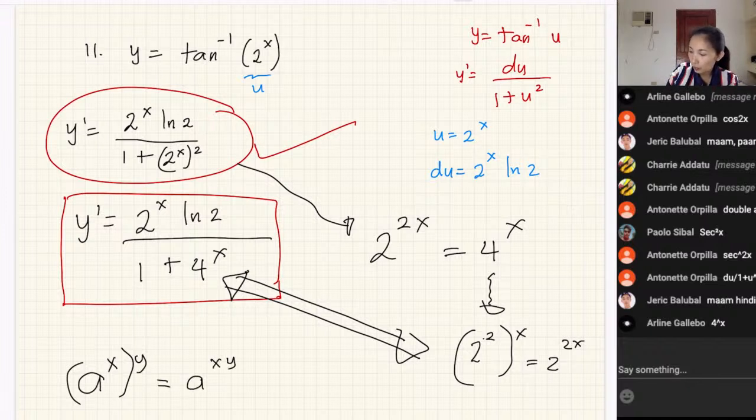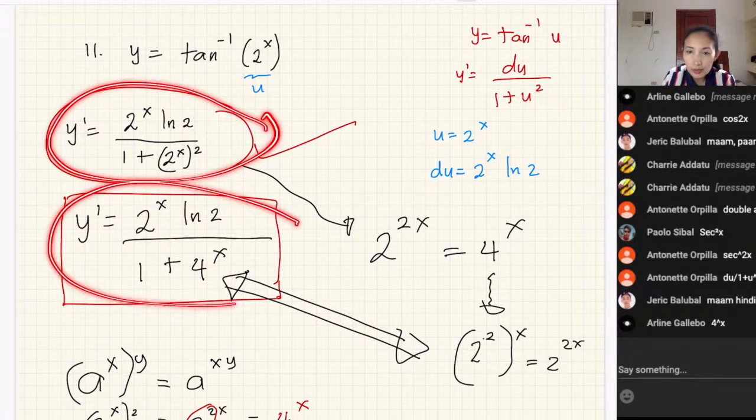So if you have 2 raised to x raised to 2, that is 2 raised to 2x, but in fact, this is 2 squared, which is 4 raised to x. Is that clear? Or if you want, you can end up with this. It's alright. That's why I encircled this, because you might get confused with the next step. So this is alright. Or you can end up with this.